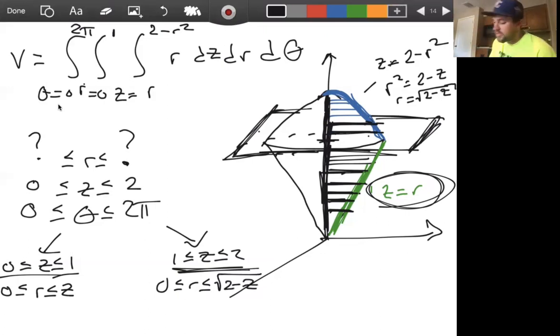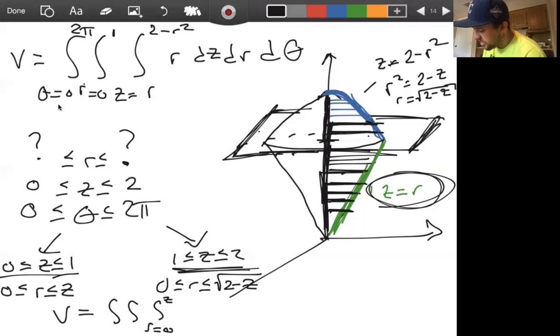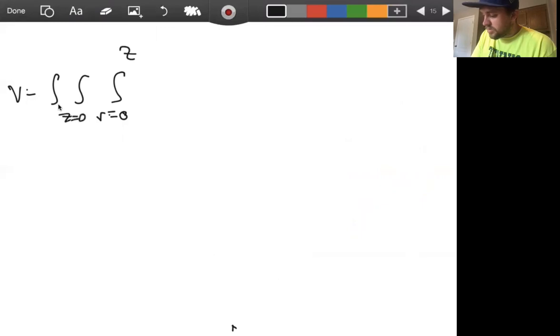And so now this volume is the triple integral where r goes from 0 to z, z goes from 0 to 1. So let me write this on a bigger page so we can see this. r goes from 0 to z when z is between 0 and 1, and then theta goes from 0 to 2 pi of the volume, which is r dr dz d theta.